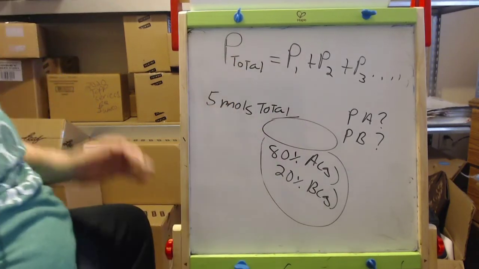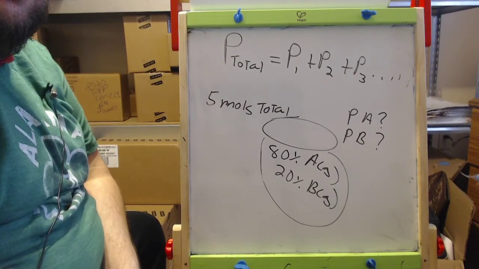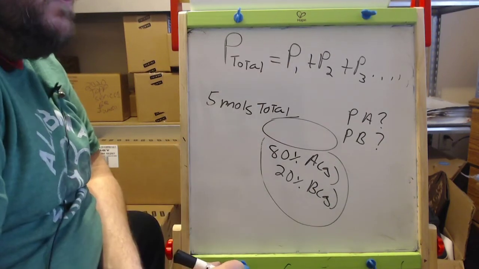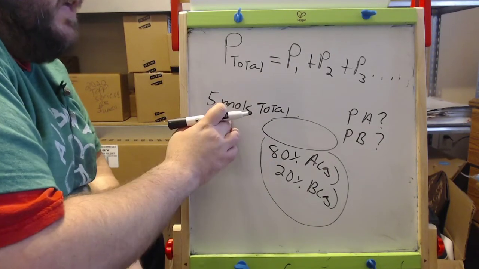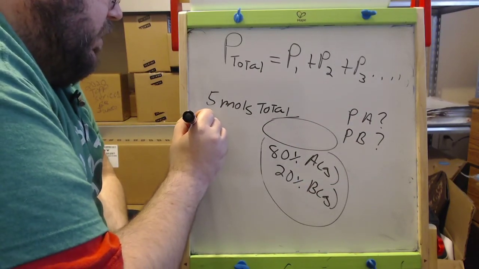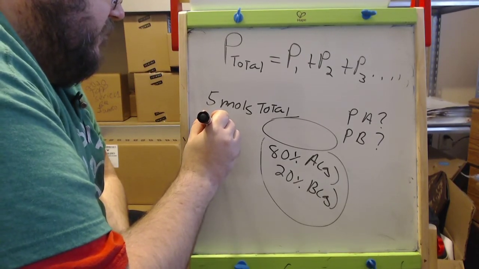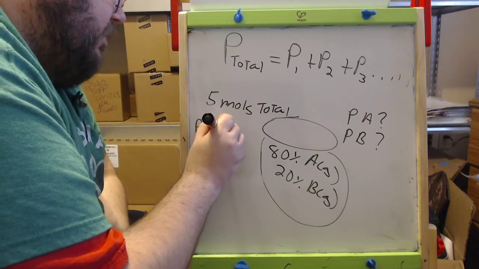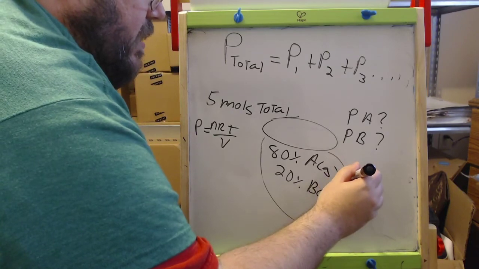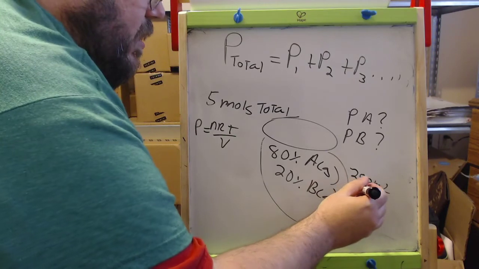Well, I could do this 2 ways. Take 80% of 5 and find the moles of A. Take 20% and find the moles of B. And then plug them into PV equals nRT. Or you could do it this way. Do P equals nRT over V. Say that this is a 200 milliliter flask, and it's at 100 Kelvin.